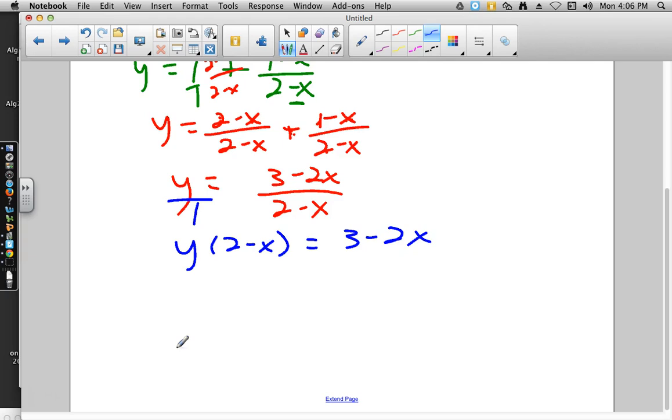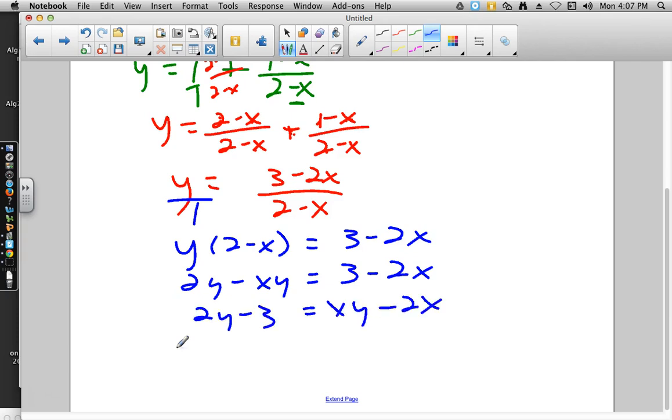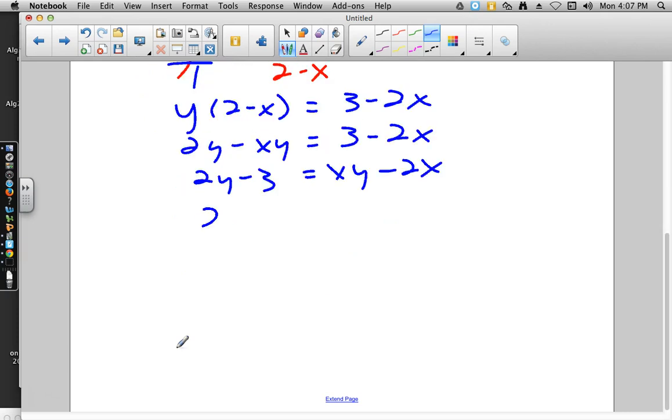And then we would distribute. And now we want to get anything that has an x on one side and anything that doesn't on the other side. And we're going to factor out that x. And then, of course, to get rid of the y minus 2, we're going to divide.